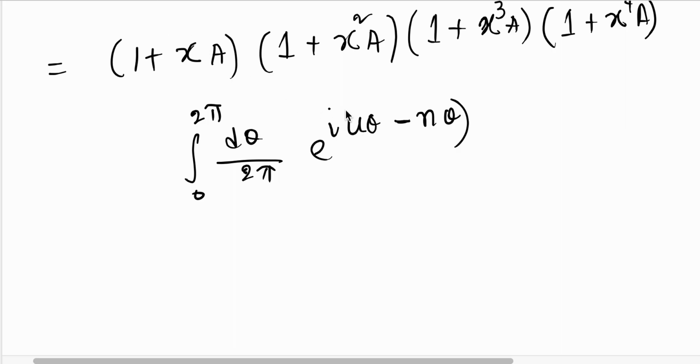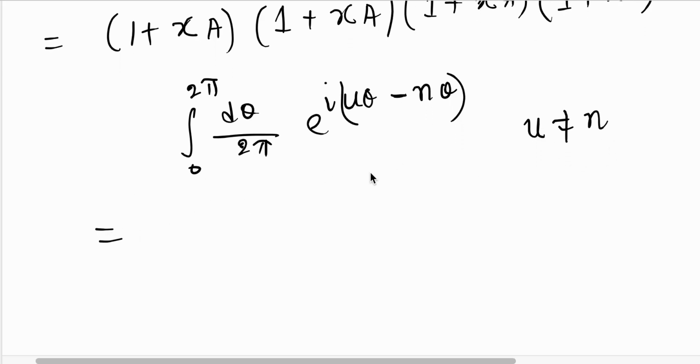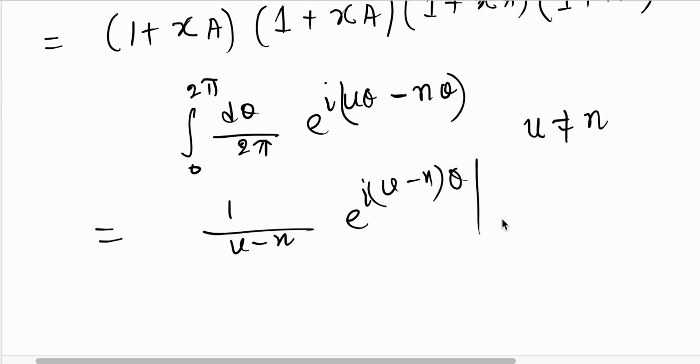If u is not equal to n, then we can integrate it out and write e to the power i (u minus n) theta from 0 to 2 pi. Since u and n are both integers, e to the power i times an integer times 2 pi is 1, and at 0 also it is 1, so this becomes 0.